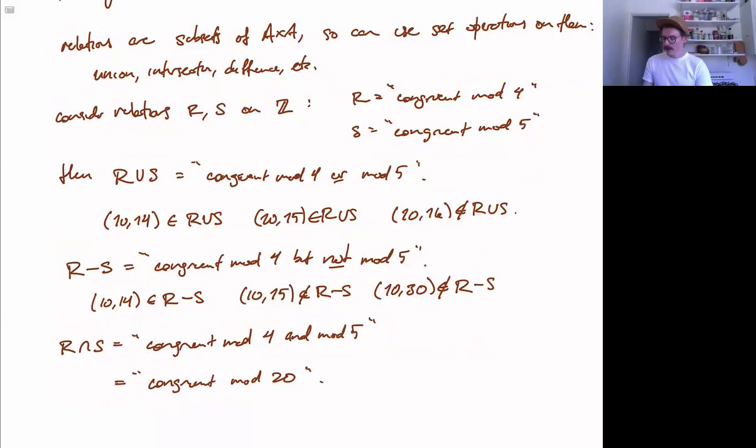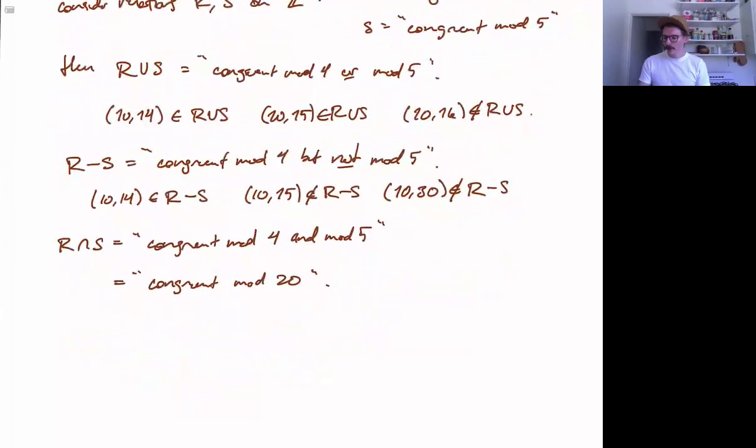So here's a nice little example where you can intersect some relations and get a new relation that you also have a name for. Very nice. So basically any set operations that you can do on subsets, you can do on relations because they are just subsets of this set.